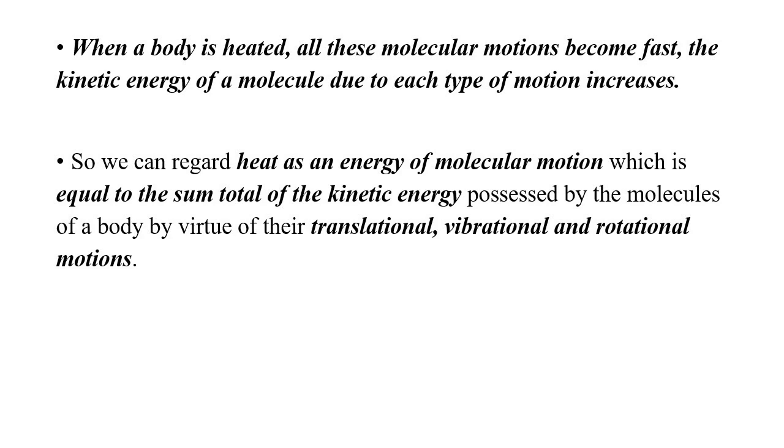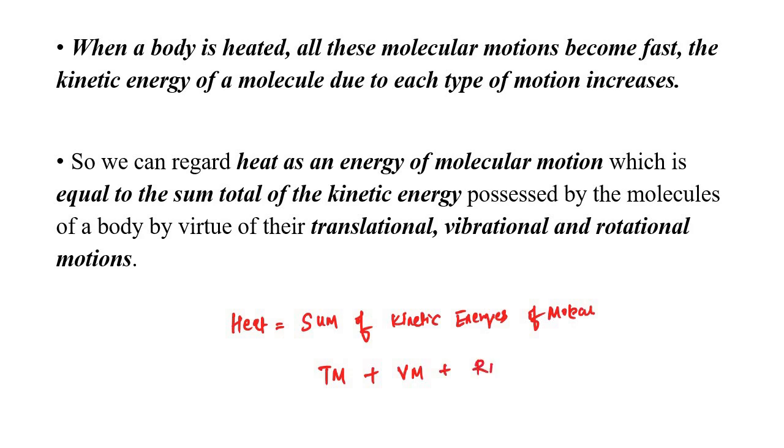So when a body is heated, these molecular motions become very fast, vigorous, and as a result their velocity increases, and as a result of the increase in velocity, the kinetic energy of each molecule, because of each type of motion, that is translatory, rotatory, and vibratory, increases. So this heat which we say is the sum of kinetic energies of molecules because of translatory motion, vibratory motion, and rotatory motion.